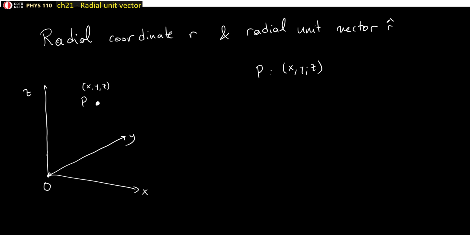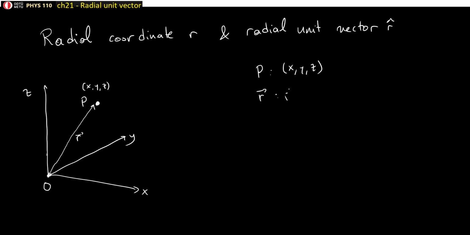So this x, y, z are also the components of the position vector. In any case, consider the vector drawn. Let's just call this the position vector.